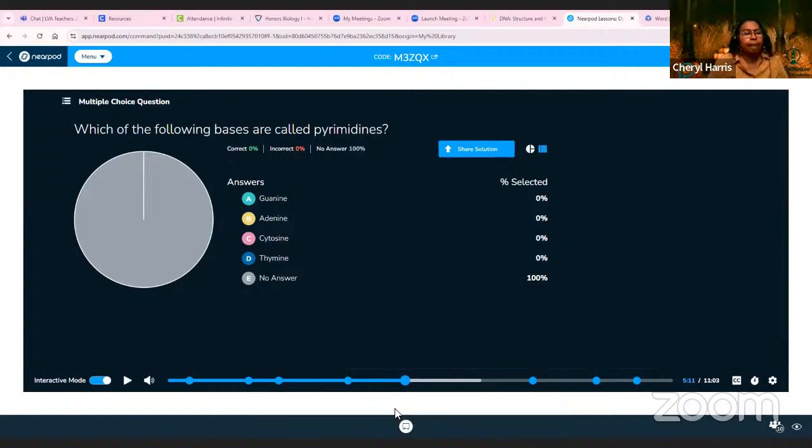Okay. And again, this one will have 2 answers. Because 2 of them are pyrimidines, 2 of them are purines.